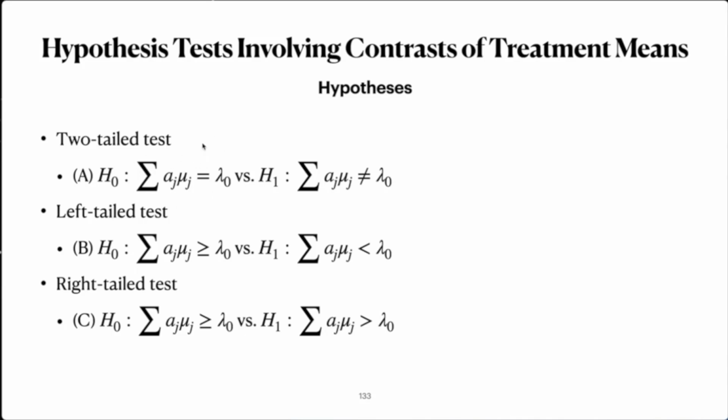Now the sum A sub j times mu sub j equal to lambda sub 0 is the null hypothesis for the two-tailed test, against the alternative hypothesis that the sum A sub j times mu sub j is not equal to lambda sub 0. And then the appropriate types of null and alternative hypotheses for a left-tailed test and a right-tailed test. All right, so again, the contrast between 2 or more treatment means is being expressed using this linear combination notation.